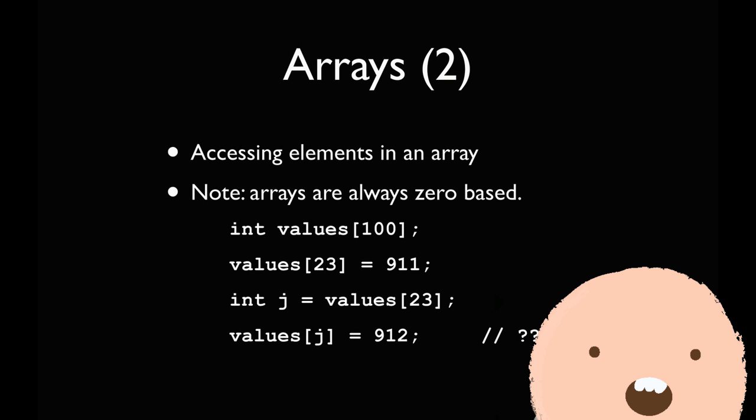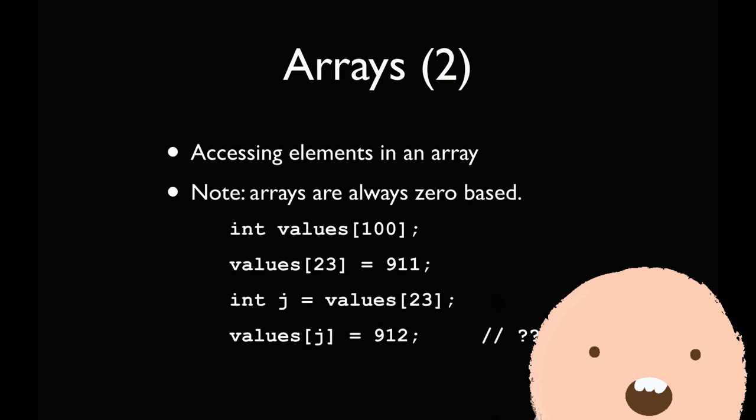Now, in the first example, I'm showing I can use a subscripted, individual element in the array in any location where I'd use any normal variable of that type. So I've got the statement values sub 23, and that's normally how we'll read these things. Values sub 23 equals 911.